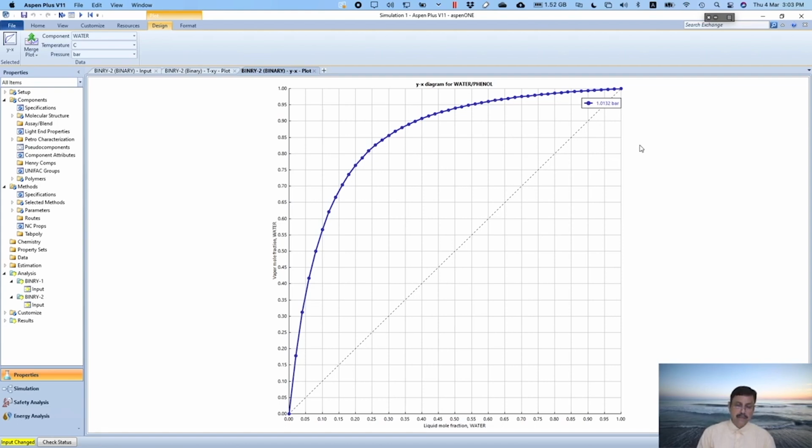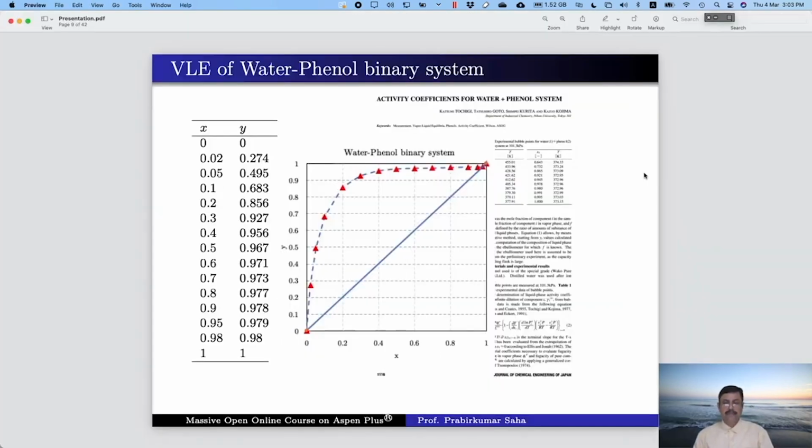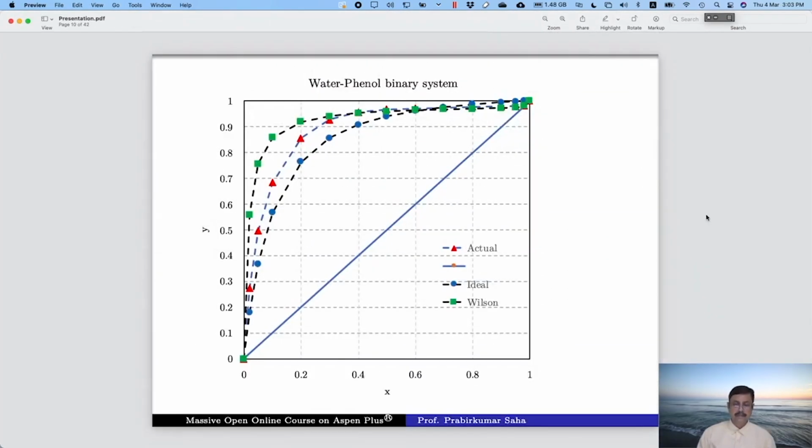Now can you compare this with this? Yes, we have done. This is the comparison. This is the actual curve, the red triangles, and the ideal curve is the blue circles. Surely they do not match with each other.